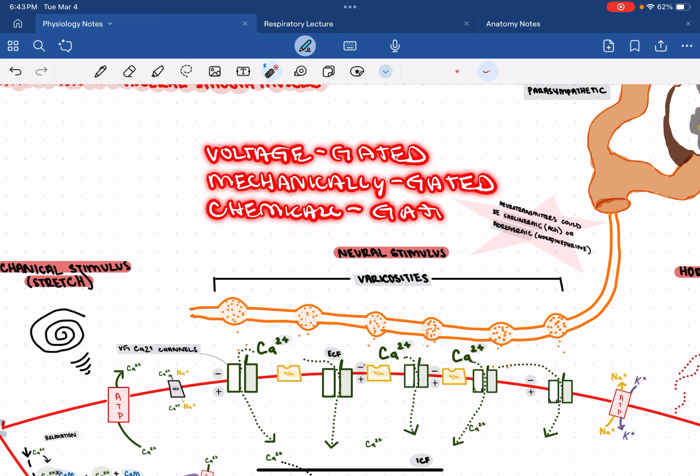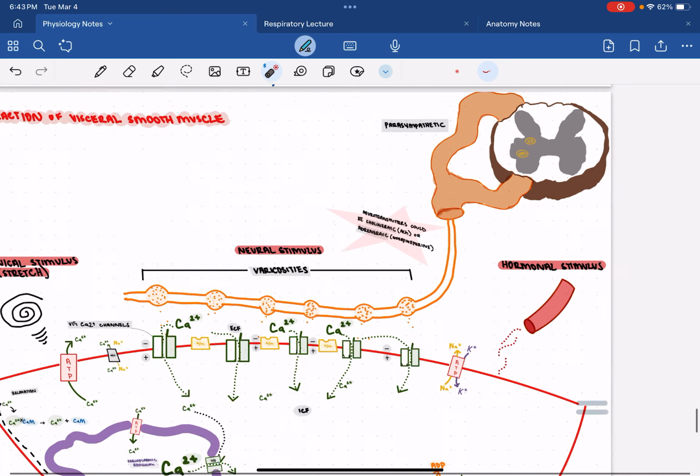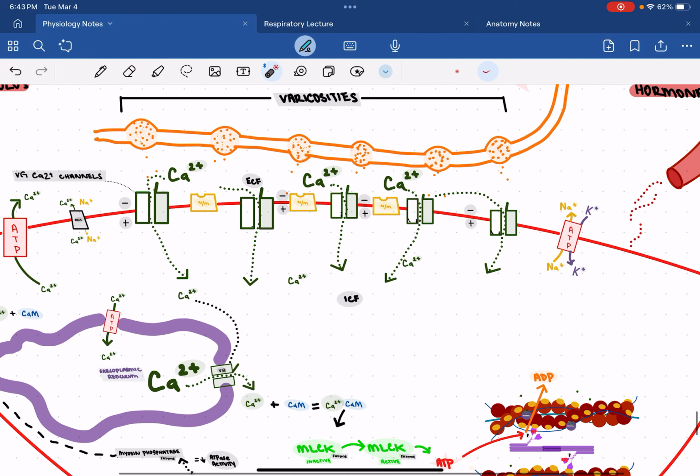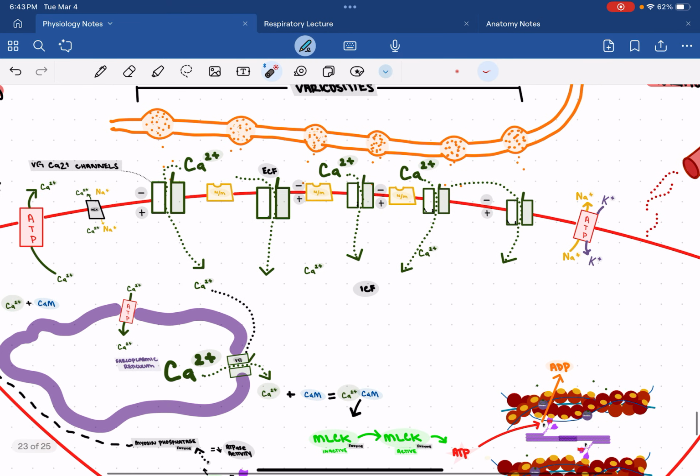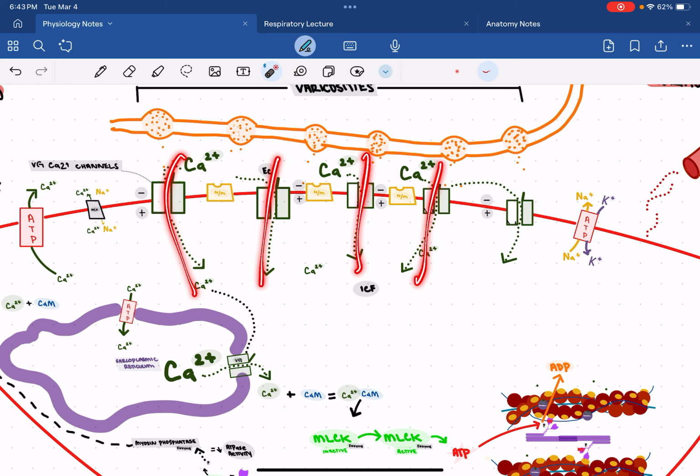There's a lot of different ways that these calcium channels could be opened up. He's not looking for us to be that specific unless he gives us a scenario. But all we have to know is that we have received a stimulus and it's telling us, open up your calcium gates. Calcium comes flooding in.